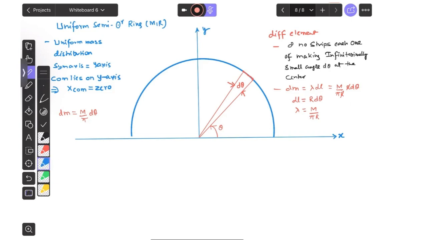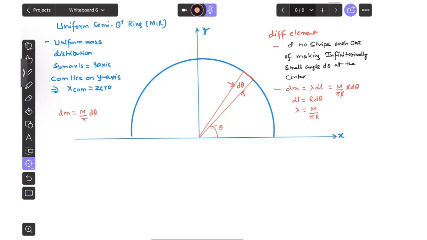And then if I ask you what the address of this small element is, what will you tell me, theta or theta plus d theta? Theta only, no? If I'm asking you the exact position, what you are going to give me is whatever is at the beginning of the interval, starting from theta and ending at theta plus d theta.